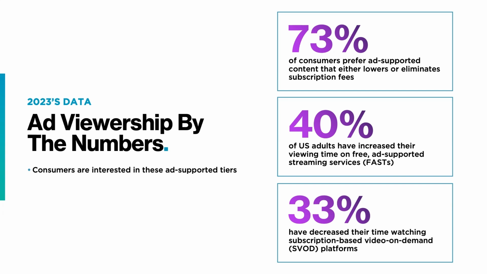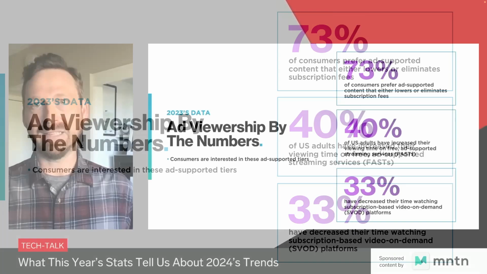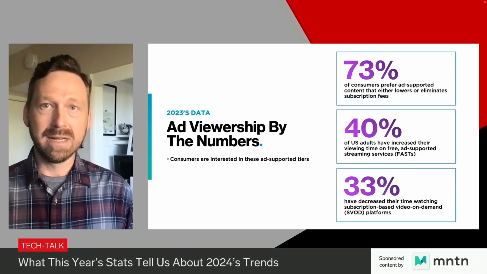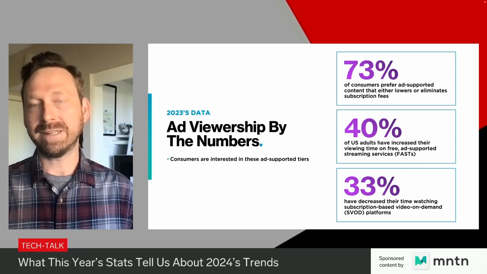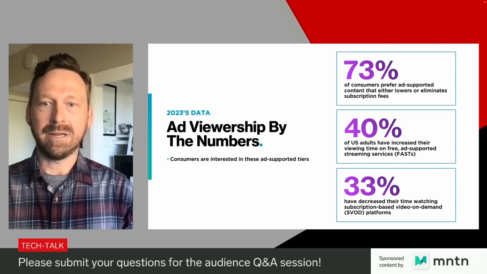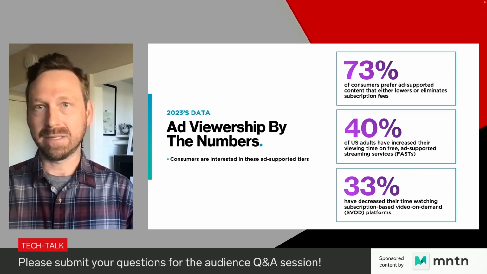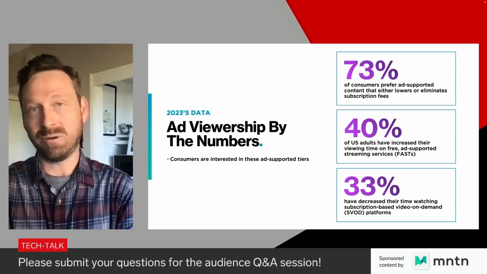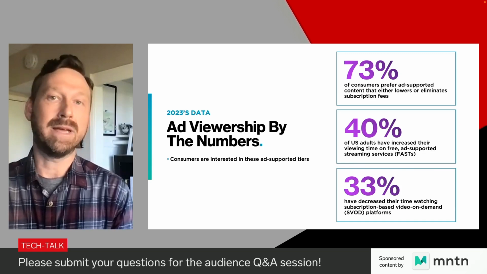When it comes to streaming ad-supported content, though, you've seen a very stark rise in FASTs. It's free ad-supported television. Those are a huge growing sector of the connected TV market. And that has in part led to a drop a bit in the subscription-based viewing.